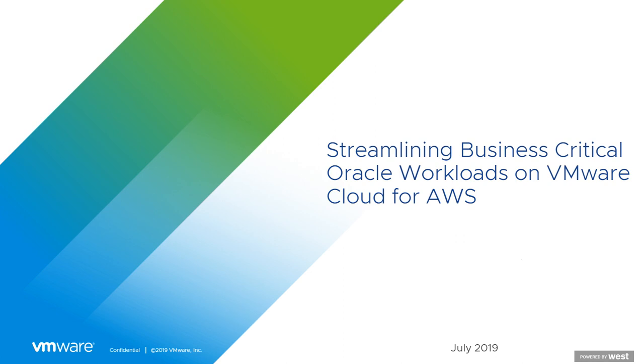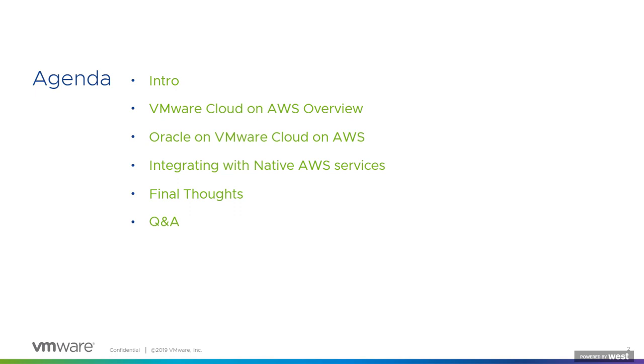Today, as we discuss Oracle on VMware Cloud on AWS, we'll start with a brief introduction on VMware Cloud on AWS, and then I'll hand it over to Sudhir, who will talk about Oracle running on VMware Cloud on AWS, and then we'll turn it over to Jay to talk about integrating Native AWS Services, go through some final thoughts, and open this up for questions.